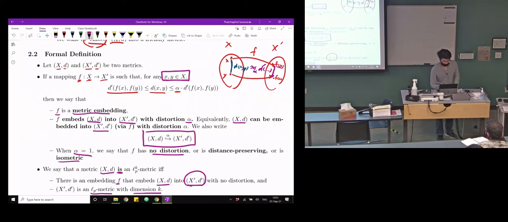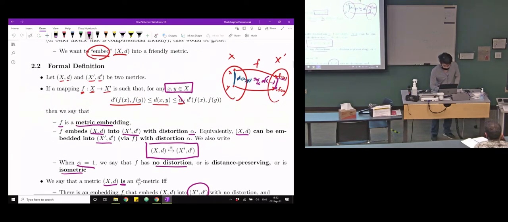But you will see later that given a metric, after you scale, it is still a metric. So it doesn't really matter, even if I change this to 1 over alpha here, it will have the same meaning.